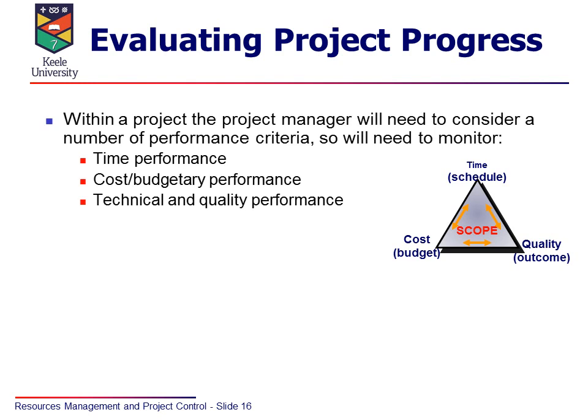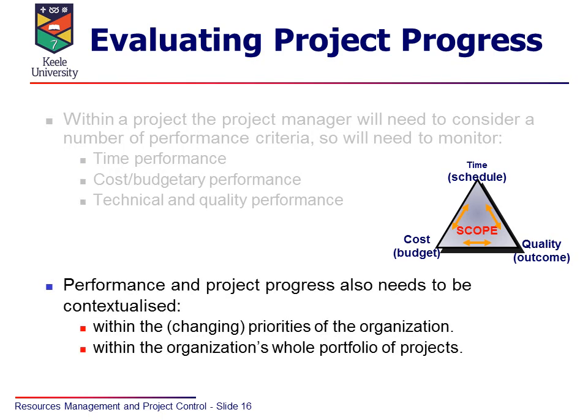Okay, now obviously in a project we're also trying to evaluate progress as the project's going on. Key thing to control is to see whether we're still on target to meet our project objectives. Remember, these are time, cost and quality. So performance, you also need to contextualize it within the fact that the organisation might have changed priorities.